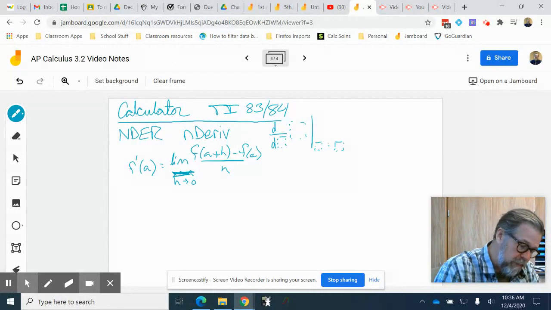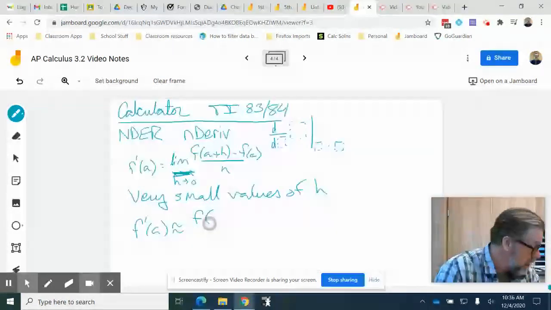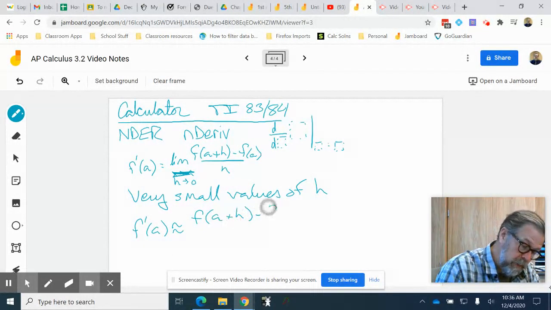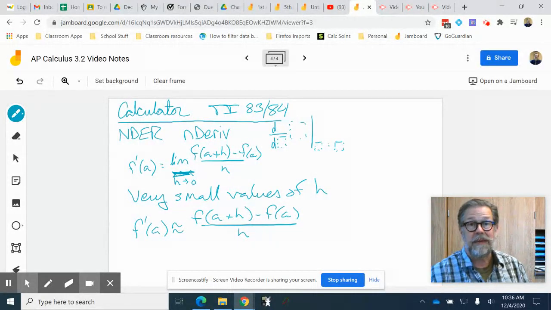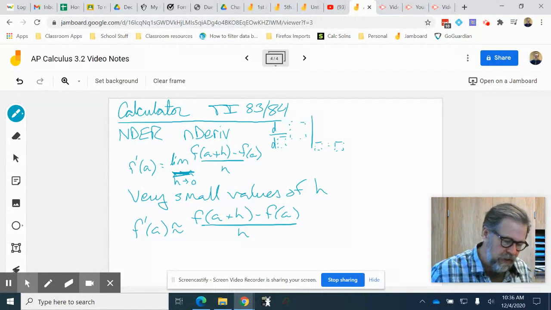But for very small values of h, we can approximate this as f prime of a is approximately f of a plus h minus f of a, divided by h. Because for very small values of h, well, that's sort of similar to or close to that limit as h approaches 0.